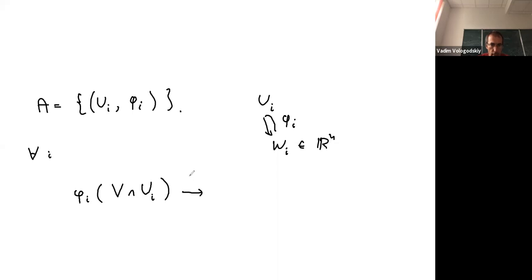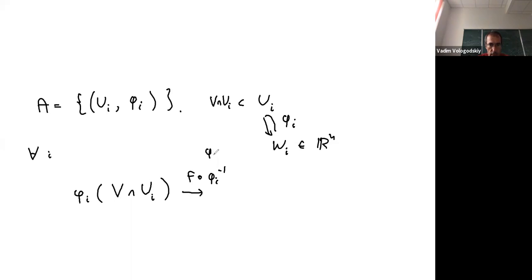and I apply first phi i inverse, and then f, that gives me a function on an open subset. So here I have V intersected with Ui, that's an open subset, and it lands here.